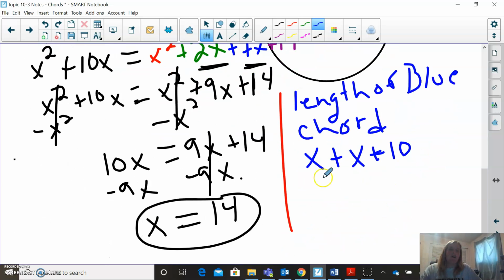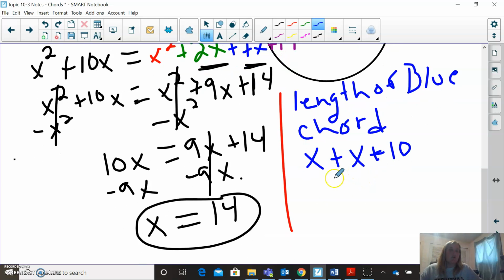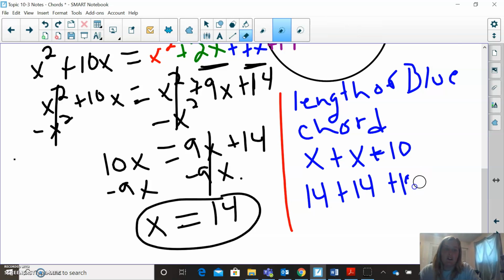Perfect. Alright. Now we do have like terms, right? We've got x and x. You can either combine like terms at this point or you can just plug x in. So I'm just going to plug x in and we're going to have 14 plus 14 plus 10, right? Because x is 14.